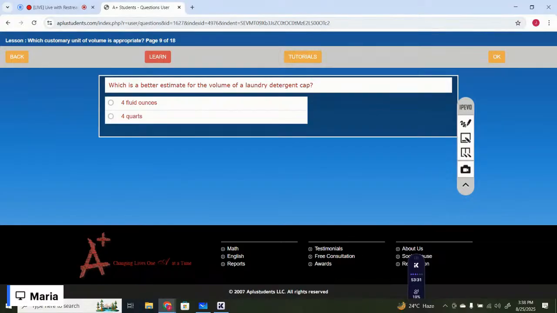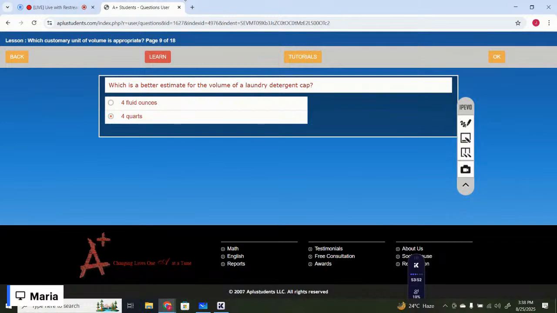Which is a better estimate for the volume of a laundry detergent cap? It would be 4 quarts.